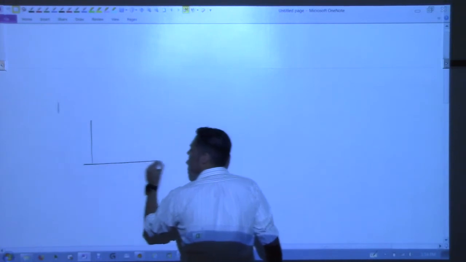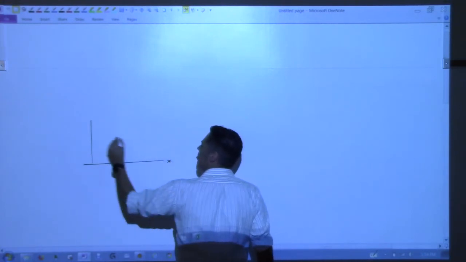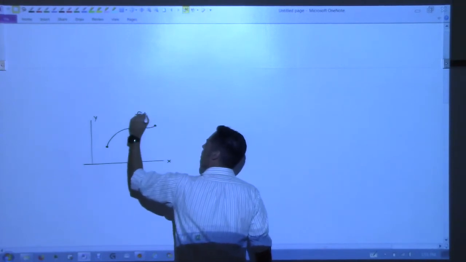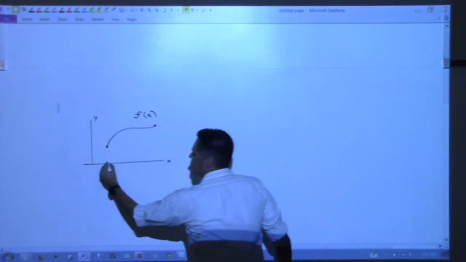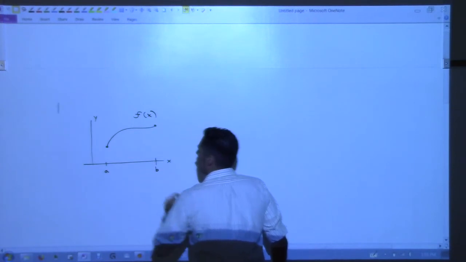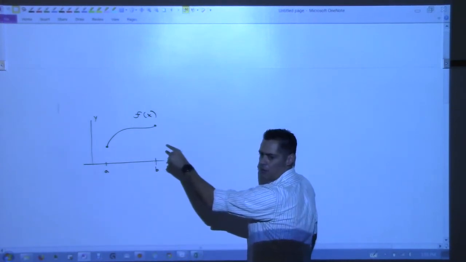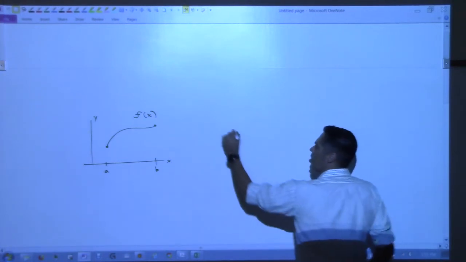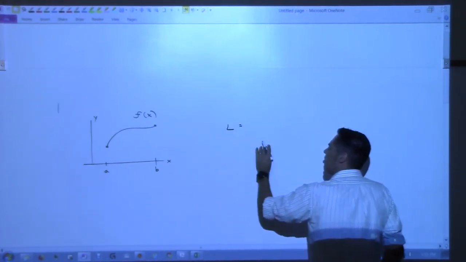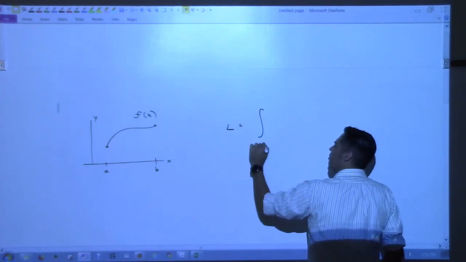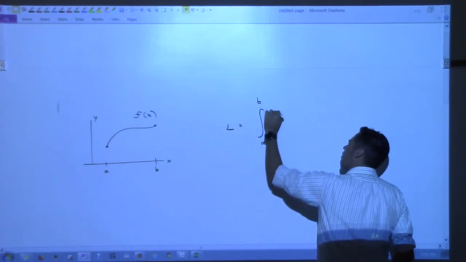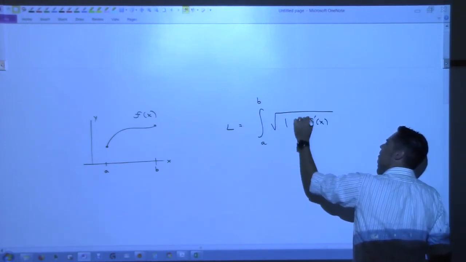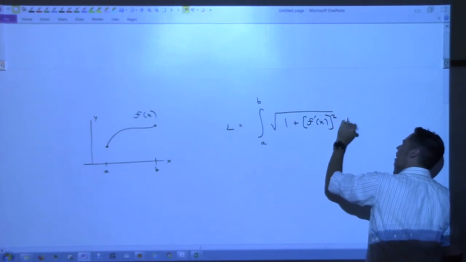that when you had x, y, and then you had some function of x here in between a and b, that if you wanted to know the length of that curve, like take it off the piece of paper and straighten it out and measure it, that was referred to as arc length, was going to be the integral a to b of the square root of 1 plus the derivative of the function, that quantity squared, dx.